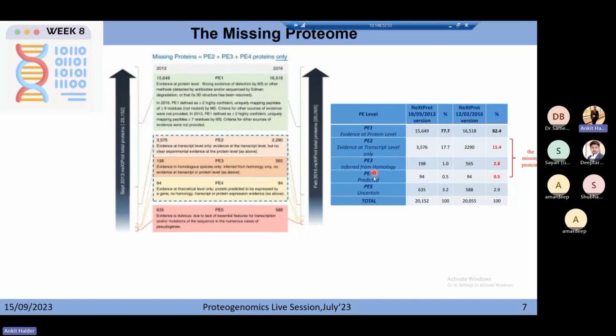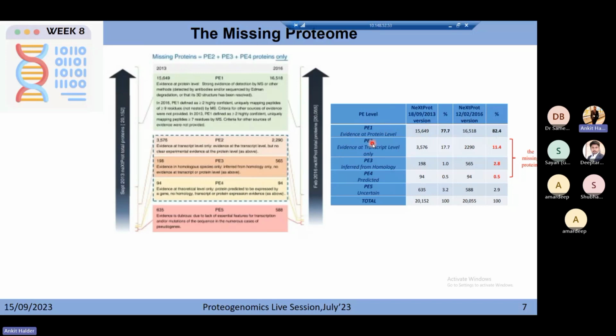Next is the PE3 level, which is inferred from homology, which is 2.8% till 2016, which is now getting reduced. Then PE4 is the predicted, PE5 is the uncertain. So these are the 5 different levels into which the proteins are divided based on where the evidence lies.